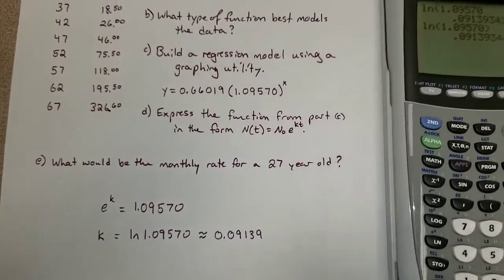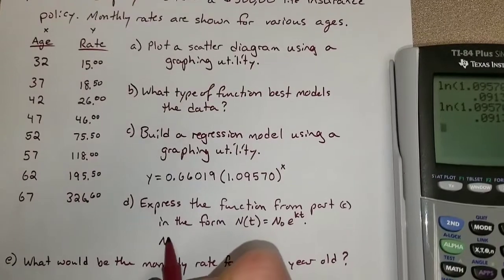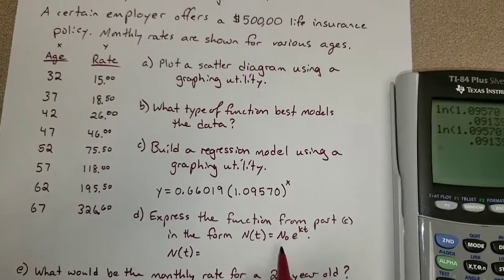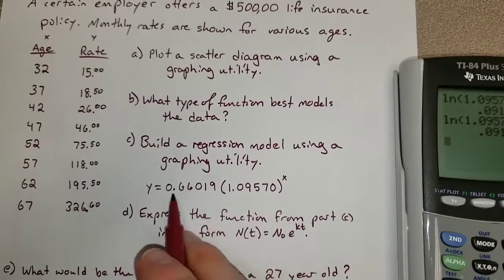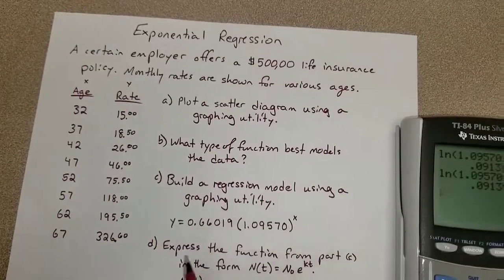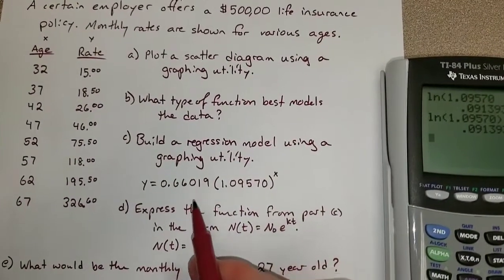All right. So in that form, I have N of t equals, now the N sub 0 we don't really have. Well, I guess we do. It's going to be this starting point. That would be at age 0, right? With the rate at age 0.